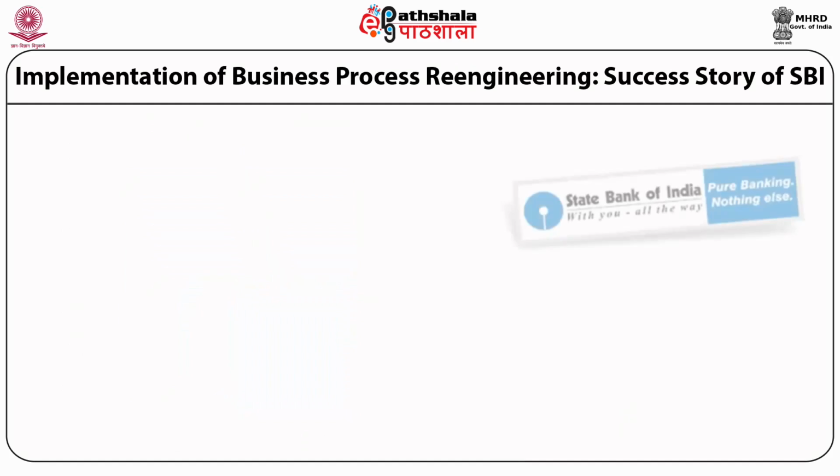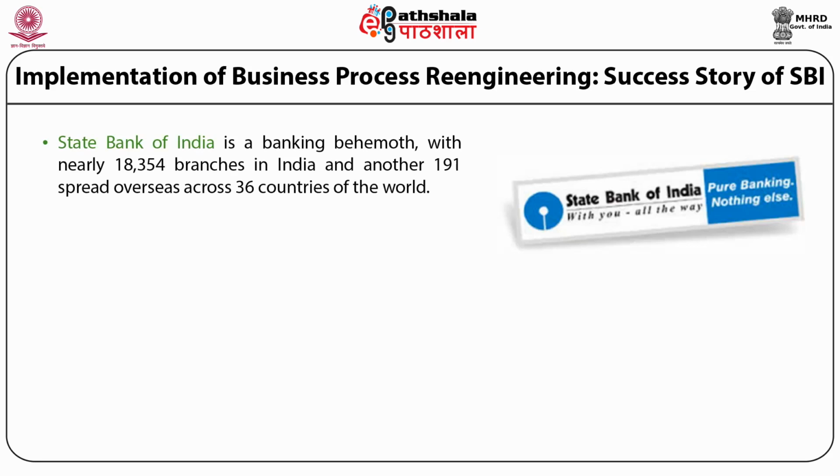Let us take another case in order to understand the implementation of business process reengineering, the success story of State Bank of India. State Bank of India is a banking behemoth with nearly 18,354 branches in India and another 191 spread overseas across 36 countries of the world.